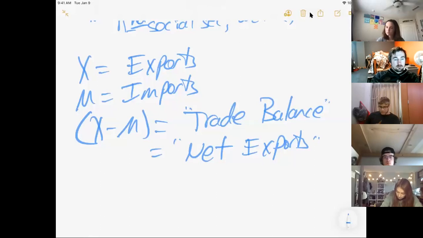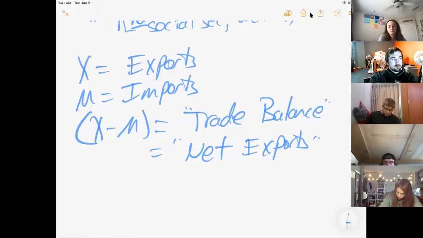Basically these are synonyms, right? The trade balance or net exports. So this is the contribution to GDP from international trade.